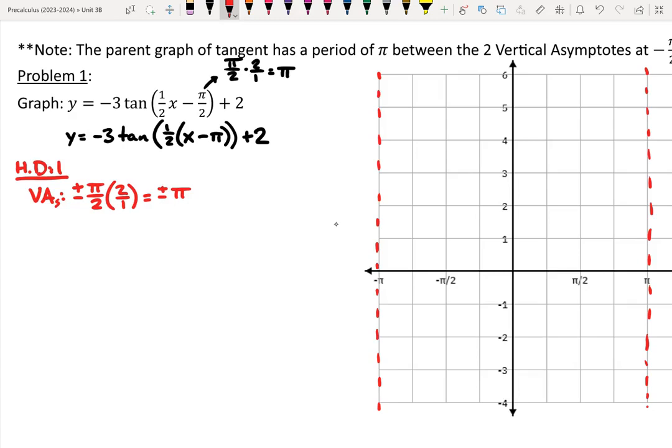We're going to go ahead and cut that into quarters. So what is halfway between negative pi and pi? At 0. And if we look at our parent graph, that is going to be 0. So we're going to go ahead and just put a point there. What is halfway between 0 and negative pi? Where is our point going to be at that location?